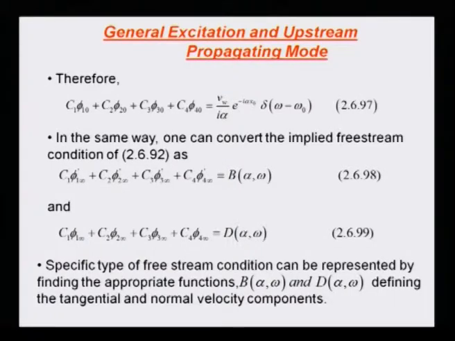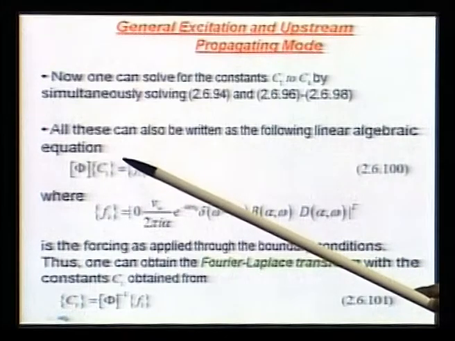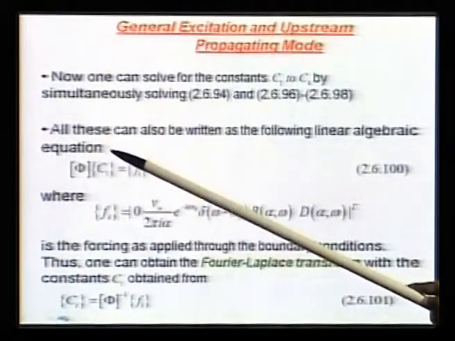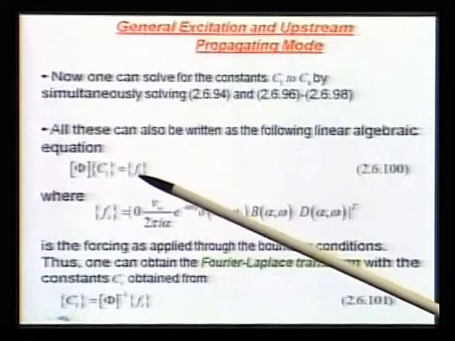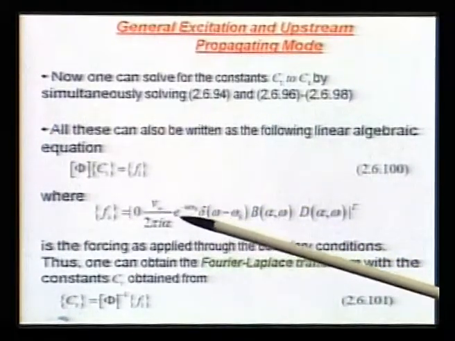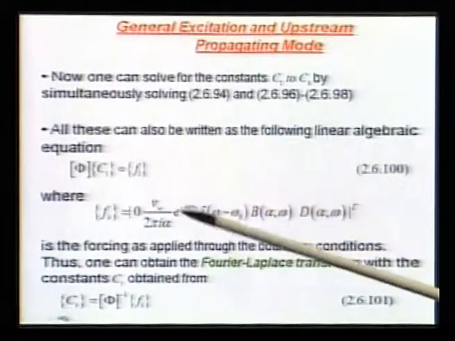Now, of course, this completes the description of the boundary conditions that will enable you to fix this constant C matrix. That would be given in terms of a 4 by 4 matrix operating on the unknown constants being equal to the excitation. Whatever may be the excitation, that is put in on the right hand side.